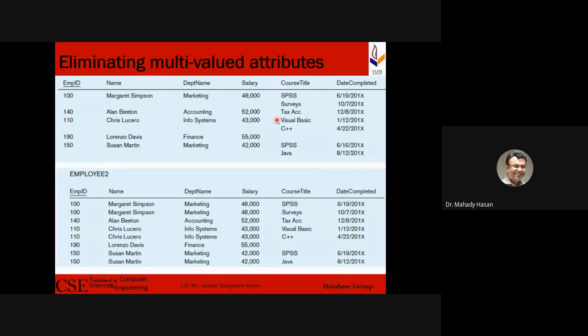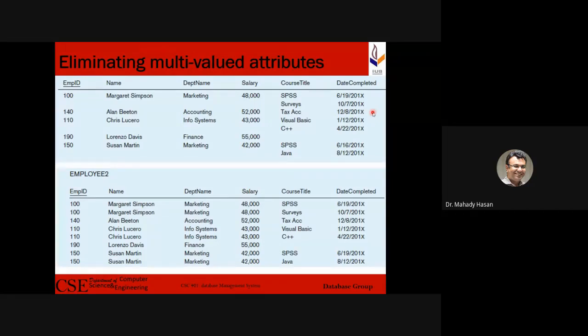If you can see, for employee ID 100, Margaret Simpson, who is from marketing department with a salary $48,000, has completed 2 courses. One was SPSS, which was completed in June 19 some year, and another course on survey, which was completed on October 7th.